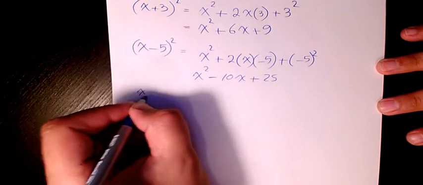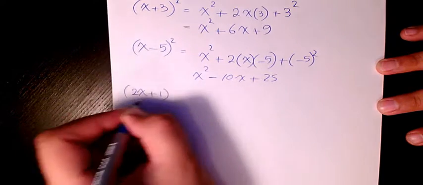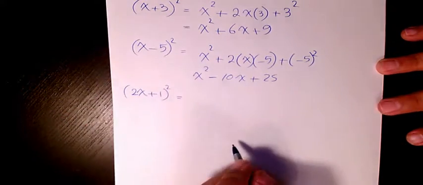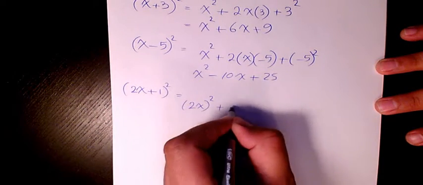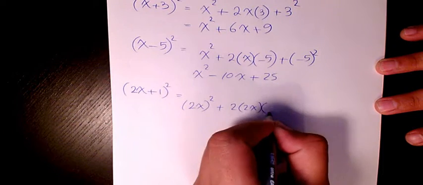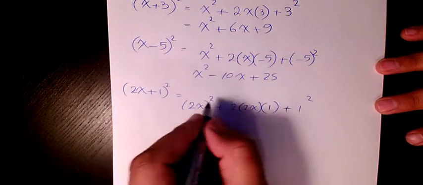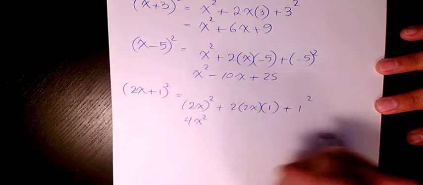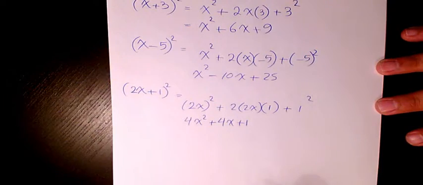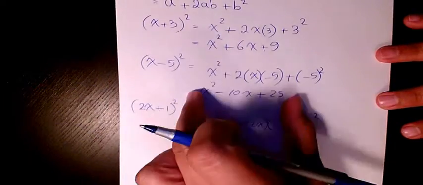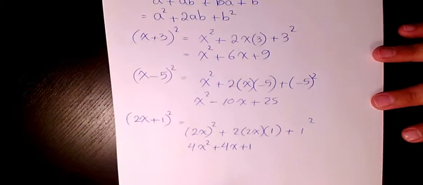Another one is (2x + 1)^2. The answer will be (2x)^2 plus 2 times 2x times 1 plus 1 to the power of 2, which will be 4x squared plus 4x plus 1. These kinds of trinomials are called perfect square trinomials.